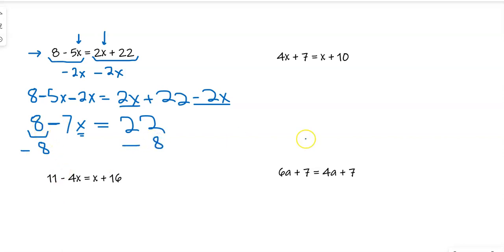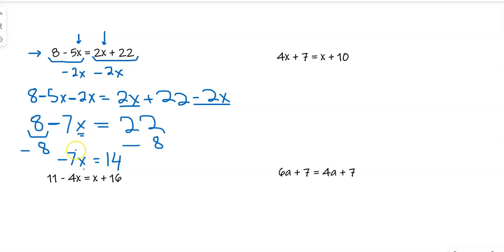Right? So here we will have 8 minus 8, that's going to be 0. So we have negative 7x equals 22 minus 8, which is 14. Now we have negative 7x equals 14. Now we want to have only x here, which means we have negative 7x's on one side, right?